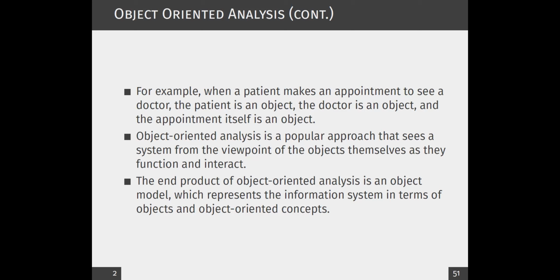So in OOP, we will see any system as a set of objects, and objects have different functions and there are ways that they interact. The end product of this analysis is what we call the object model, which represents the information system using the ideas of objects and also the various object-oriented concepts.